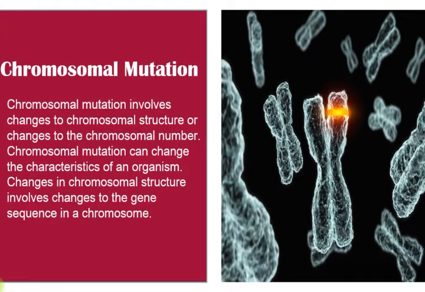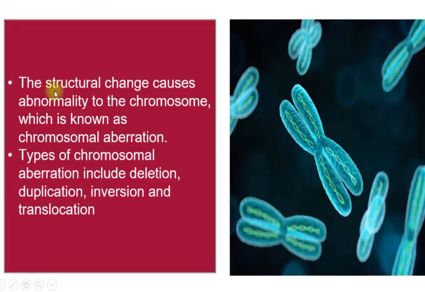The structural change causes abnormality to the chromosome, which is known as chromosomal aberration. Chromosomal aberration refers to the abnormality to the chromosome. Types of chromosomal aberration include deletion, duplication, inversion, and also translocation.